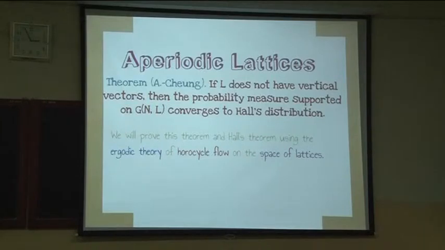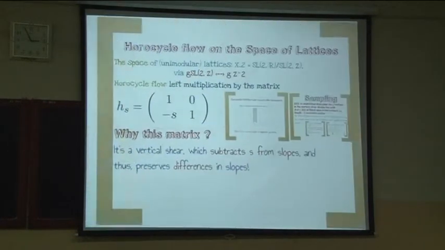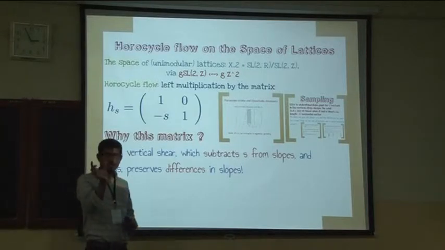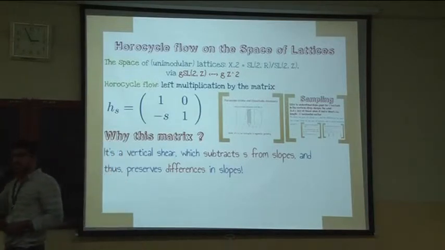So I need to introduce some of these characters. So the space of unimodular lattices, remember, each lattice we could write as G Z2, where G was in SL2R. But the choice of G was obviously not unique. Even the original integer lattice Z2 could be written as identity times Z2, but it could be written as any element of SL2Z times Z2 as well.